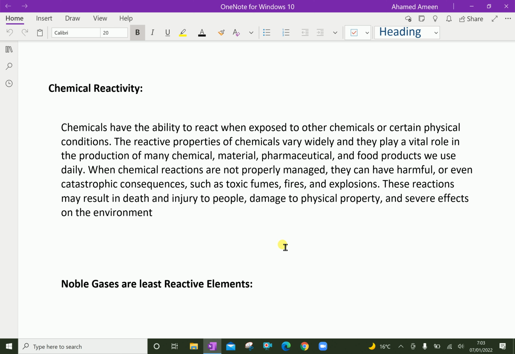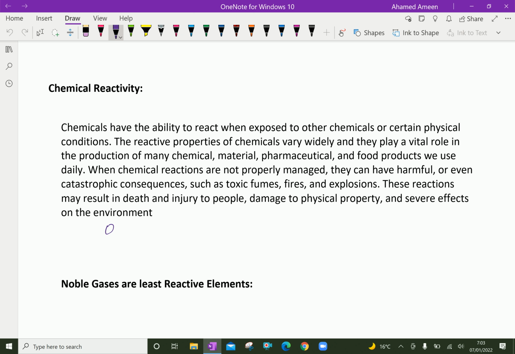How much an element reacts depends on the electron configuration of its atoms. For example, here we consider oxygen, O. Its electronic configuration is 1s2, 2s2, 2p4.